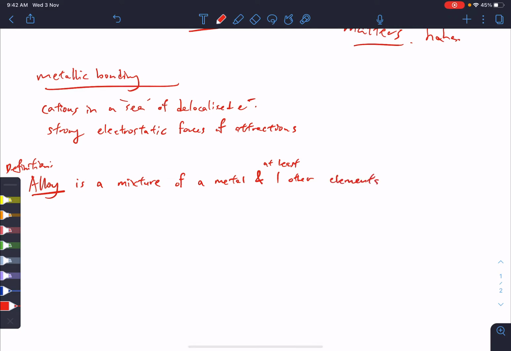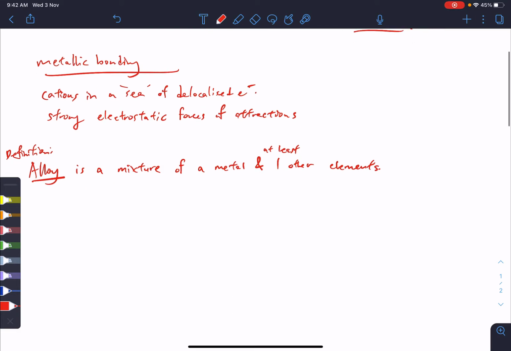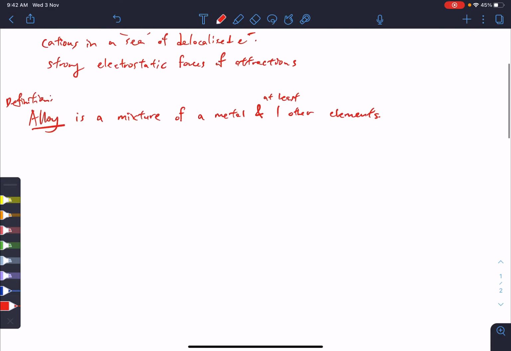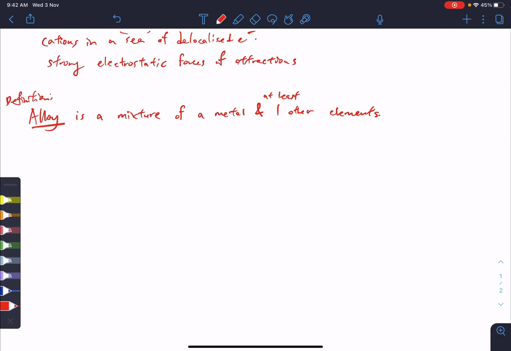Sure, there are alloys out there with plenty of elements, like up to 7-8 different elements. It exists, but minimally you need to have a metal and one other element.